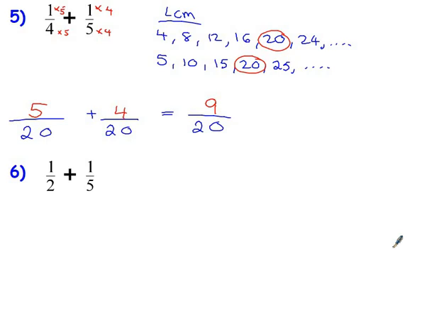The next question, we have 1 over 2 plus 1 over 5. So we'll do the same thing again. The denominators are different, so we need to find the lowest common multiple.